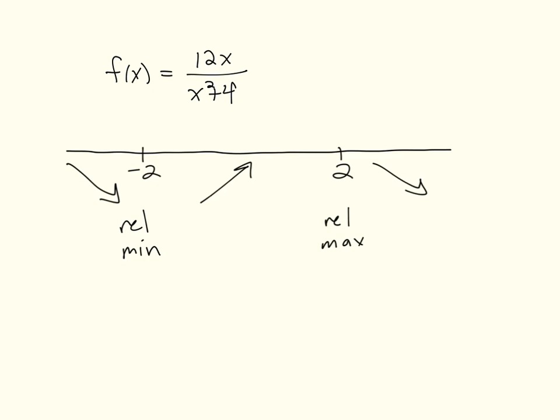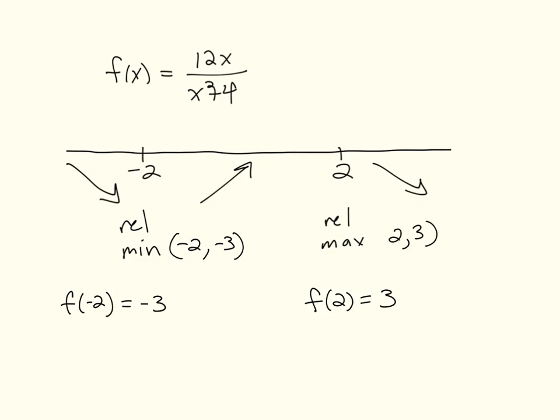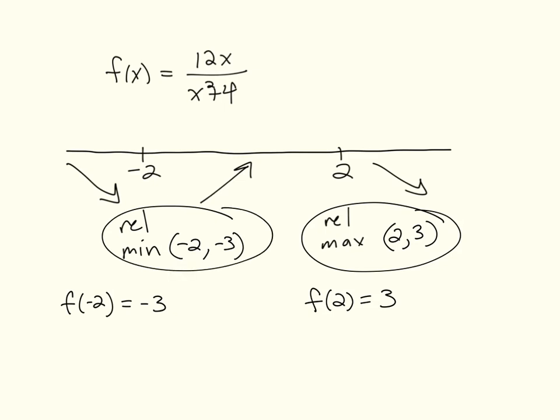When you substitute these numbers in, you find f of negative 2 gives a y value equal to negative 3, and when you substitute in positive 2, you get back a y value of positive 3. To turn these into ordered pairs, we have a relative min at negative 2, negative 3, and a relative max at 2, 3. So here are the relative extrema for the original function.